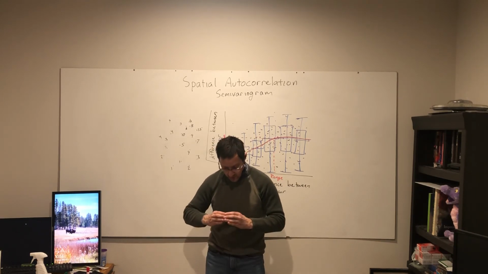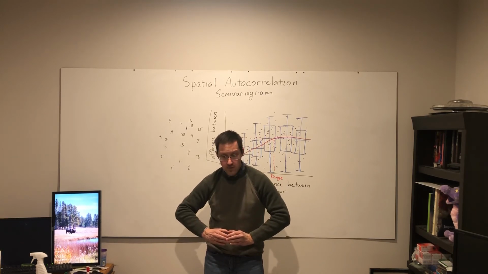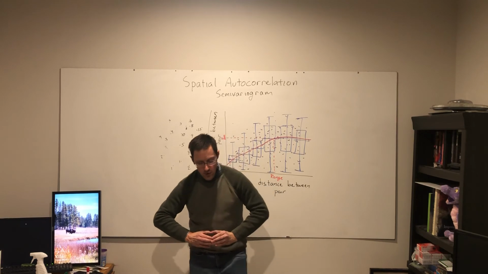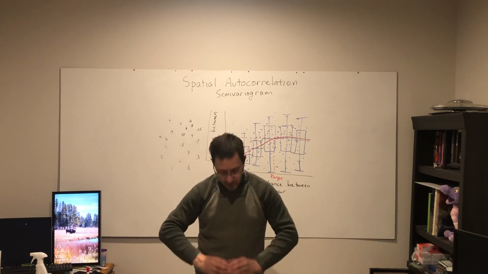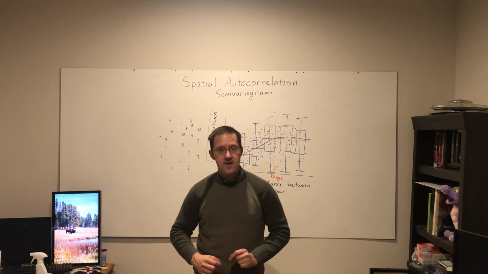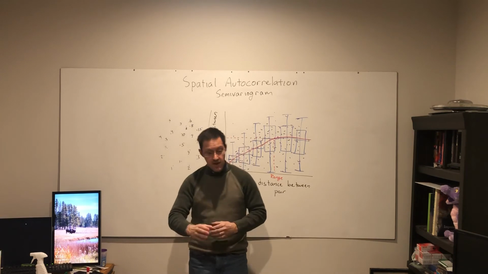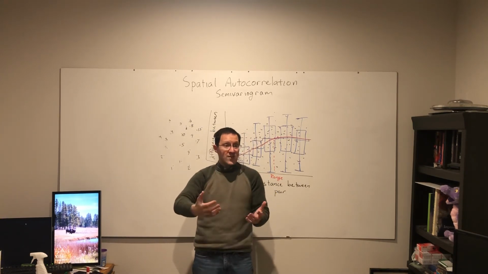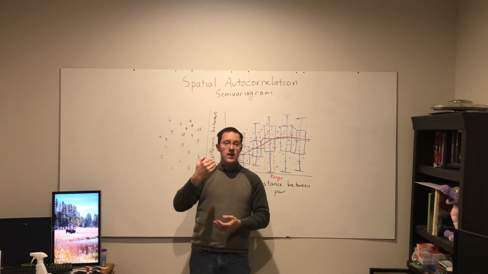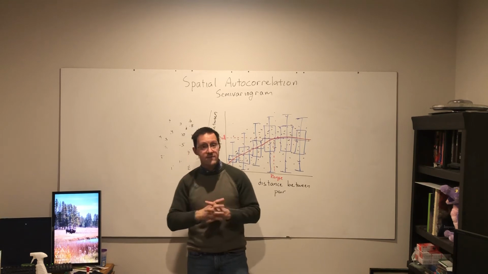So if you are right here and you hit a gold nugget, you have a pretty high value. If you go just a little bit over and you dig your borehole here and you miss that nugget, you now have a difference in the amount of gold there, the difference in the value at effectively zero distance, because you either hit or you missed that nugget, hence the nugget effect.